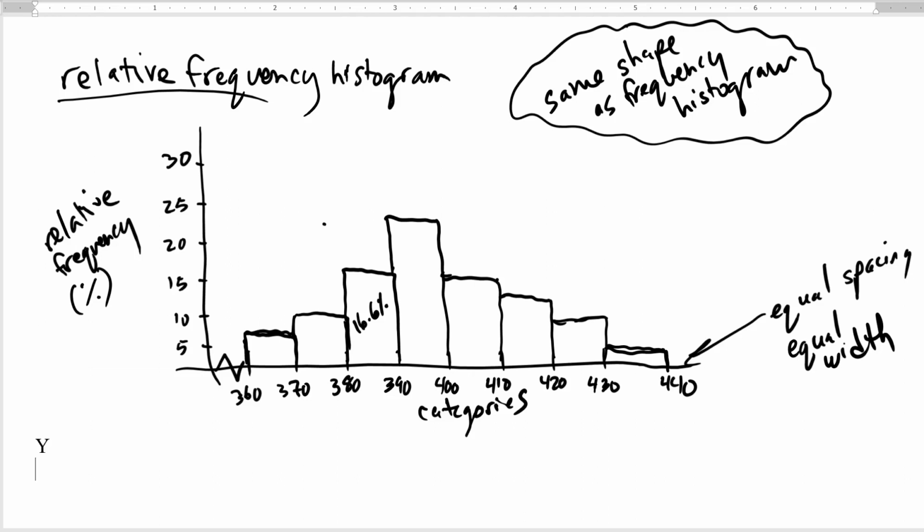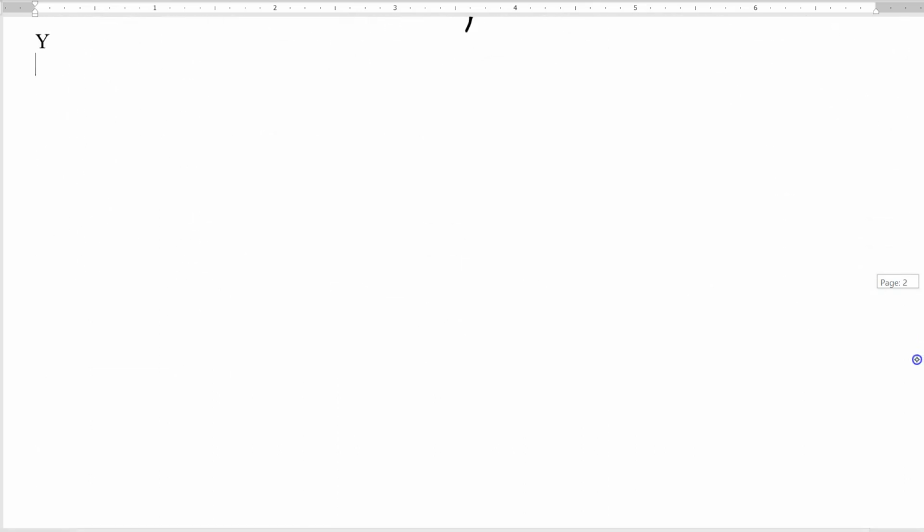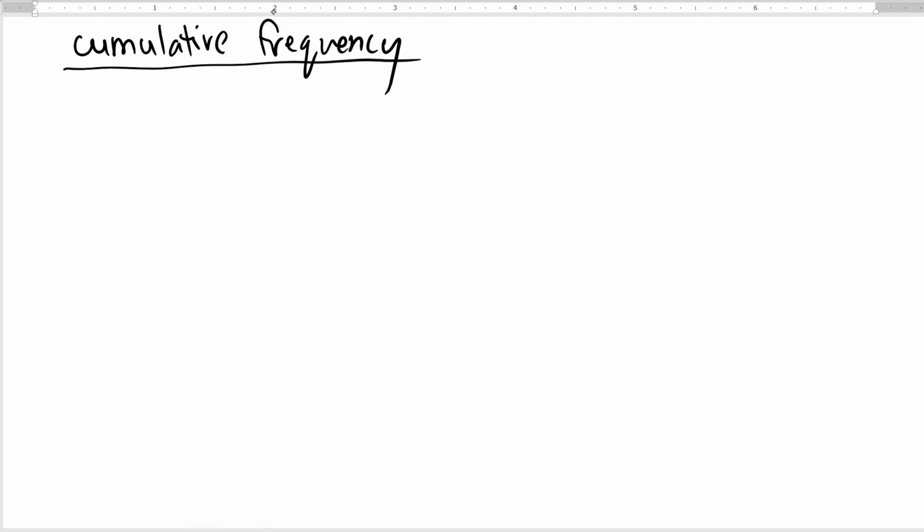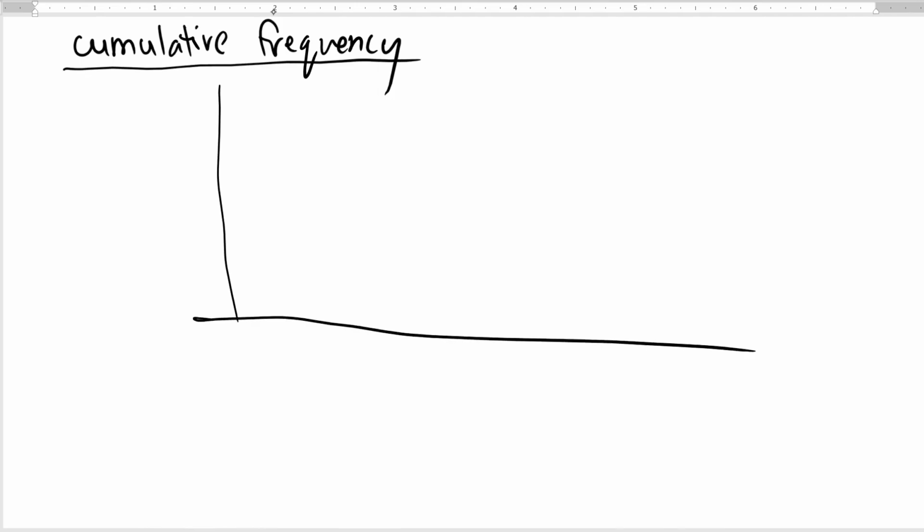So after the relative frequency, we did cumulative frequency. Same x, starting at 360, shrinking it, 370, 380, 390, 400, 410, 420, 430, 440.